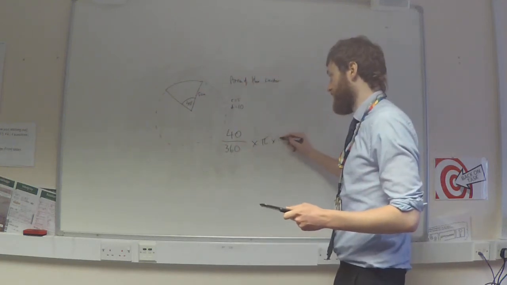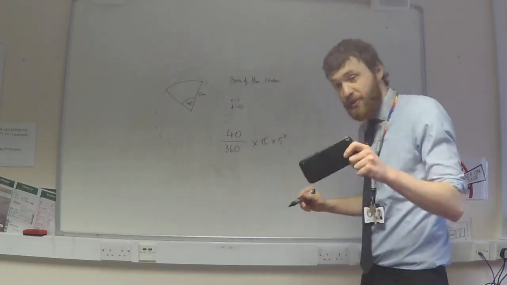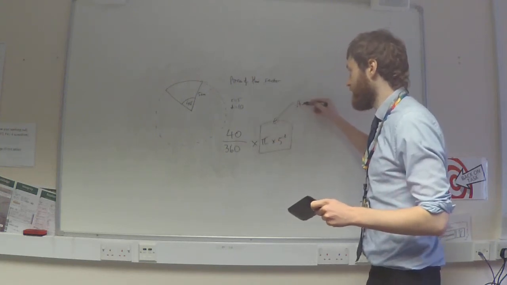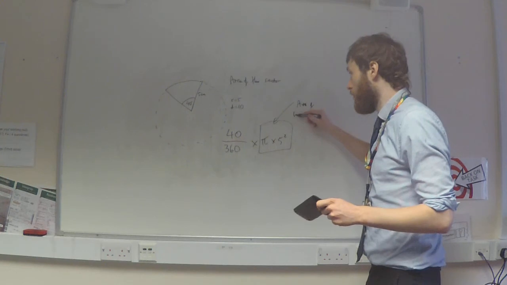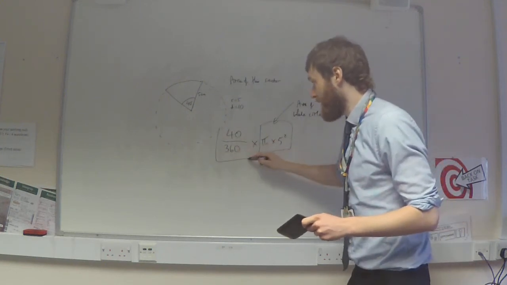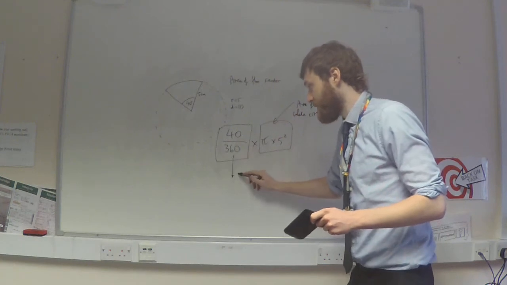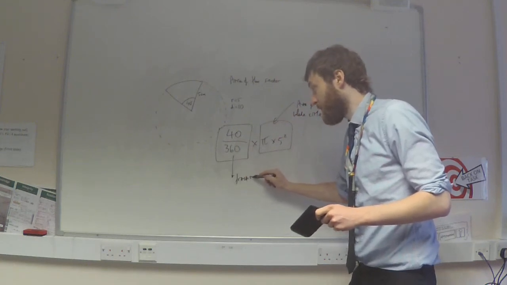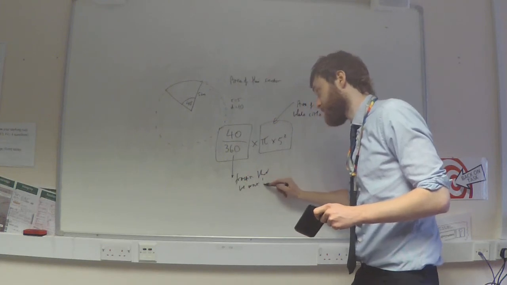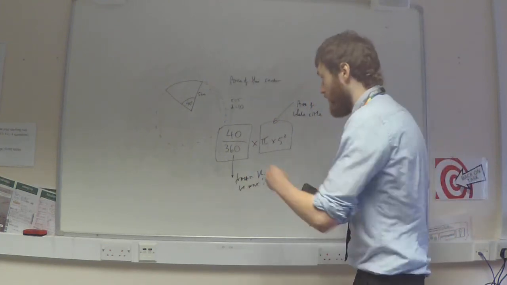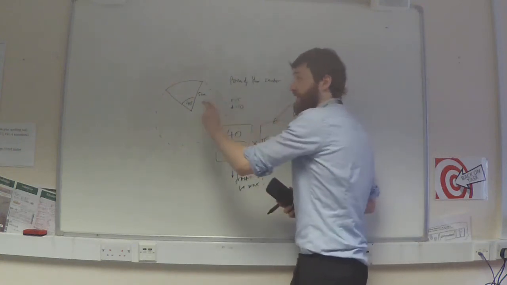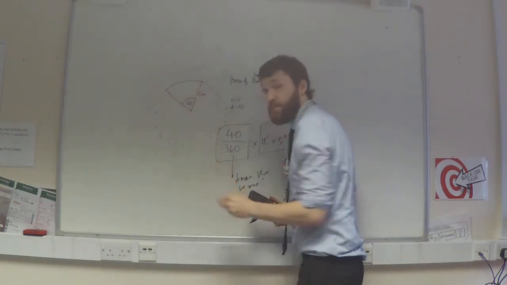Pi times 5 squared. So what we're literally doing here is that this part here is the area of the whole circle, and this part here is the fraction that we want. Okay, so once we've got the fraction we want, times it by the area of the whole circle, that will give us just the area of this bit here.